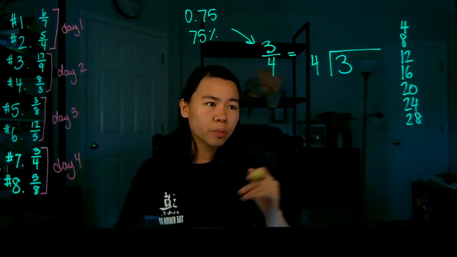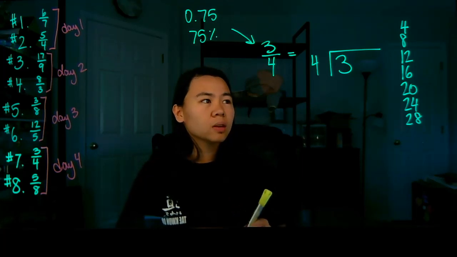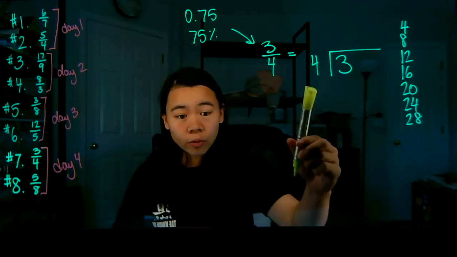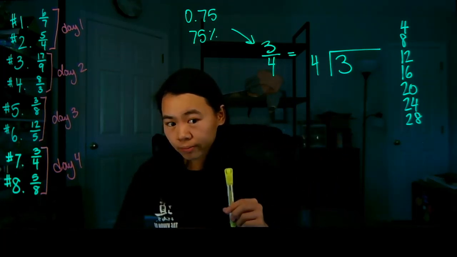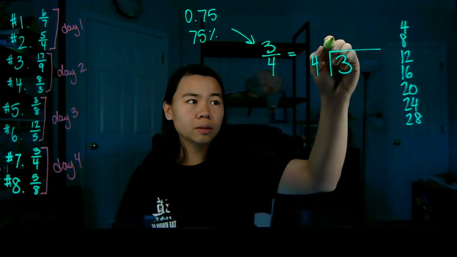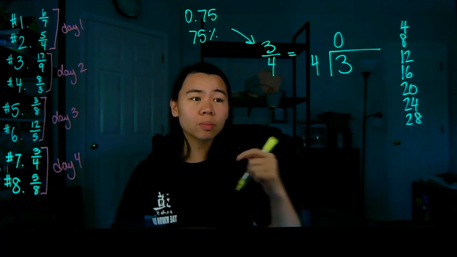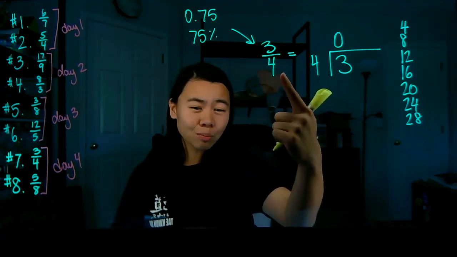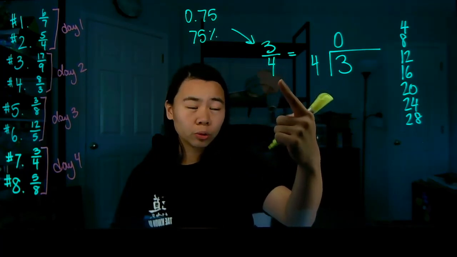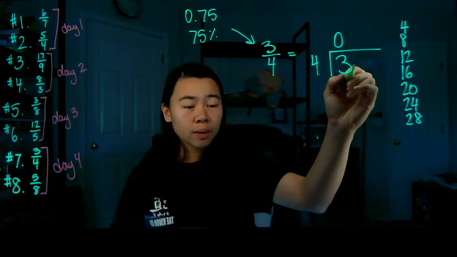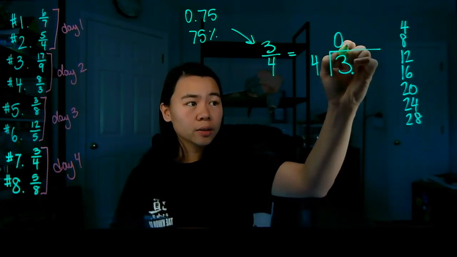We'll stop there for now and see if that's enough. Can 4 go into 3? It can't. 0 times. We actually know it's going to be 0 point something because this is a proper fraction. Only improper fractions are over 1 whole. And before I can add my 0, don't forget that's when we add our decimal point.